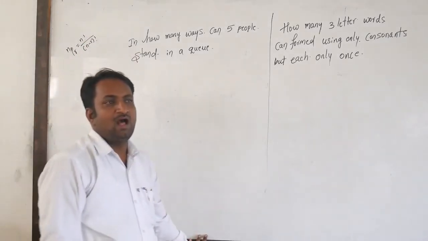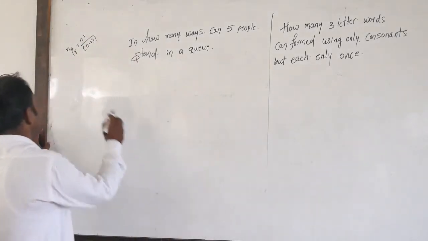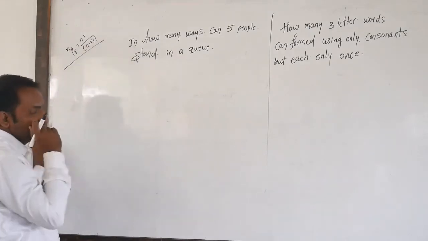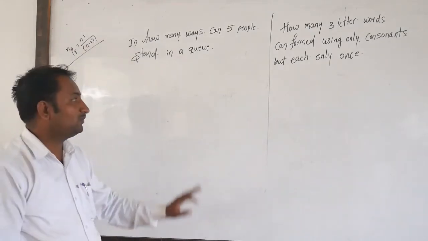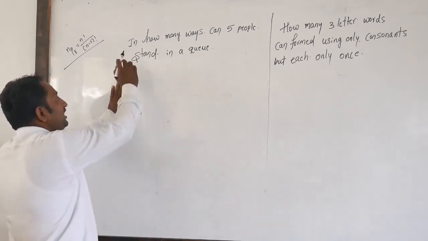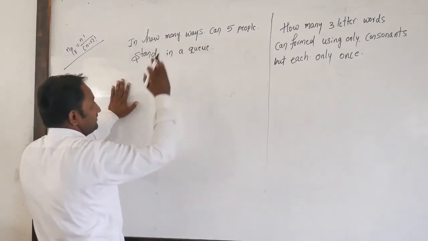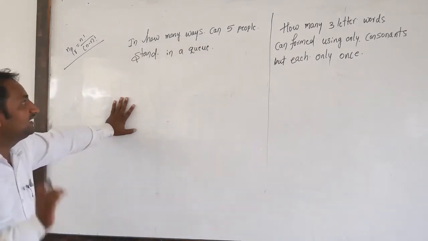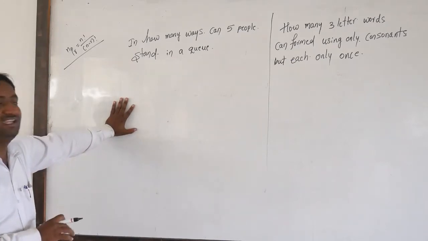By using this formula, we can calculate some important problems. In how many ways can 5 people stand in a queue?